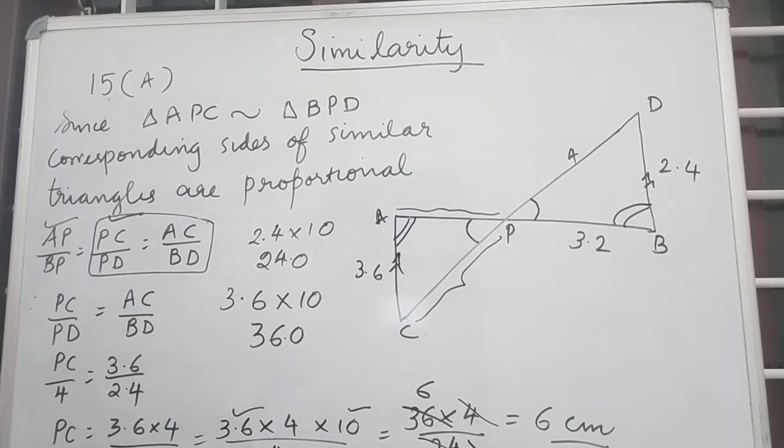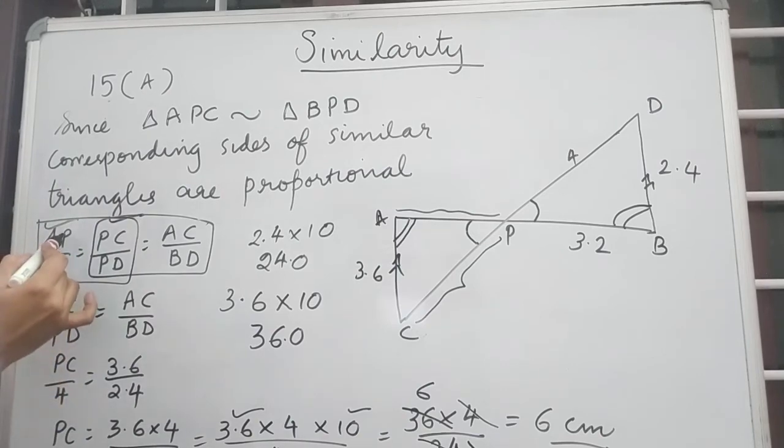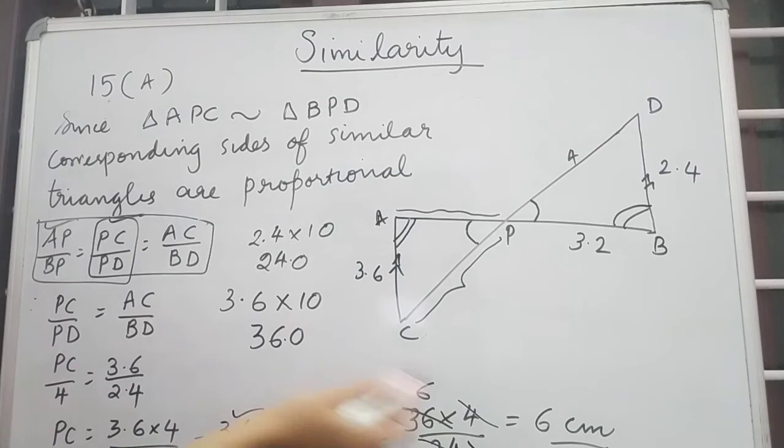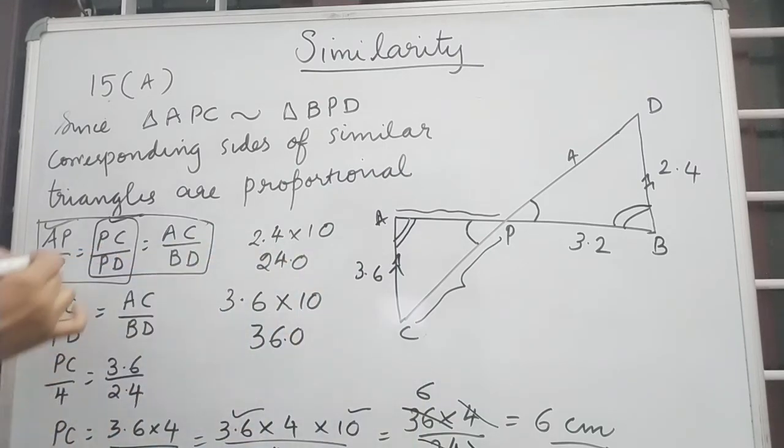Next we want to find out AP. How can we find AP? AP we want to find out, BP value we know, PC we now got as 6 centimeter, and PD we also know. Substitute in these, and we will get the value of AP.